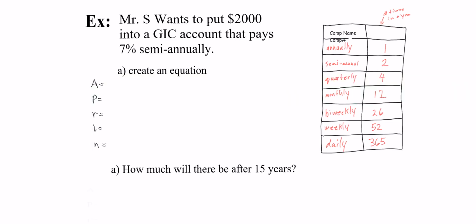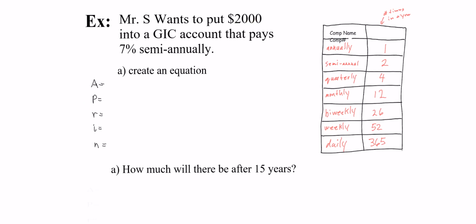Mr. S wants to put $2,000 into a GIC account that pays 7% semi-annually. Now, first of all, we need to create an equation. So we'll bring out our apron, and here's what we know. If we look at that $2,000, that $2,000 is either the A value or the P value, the amount or the principal.